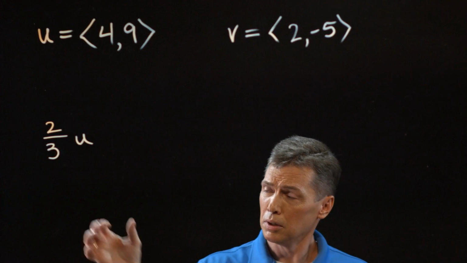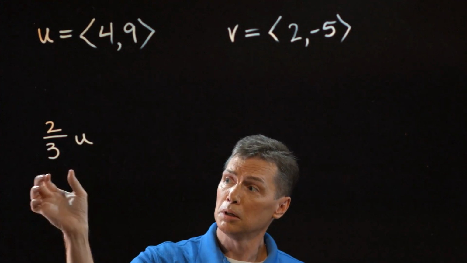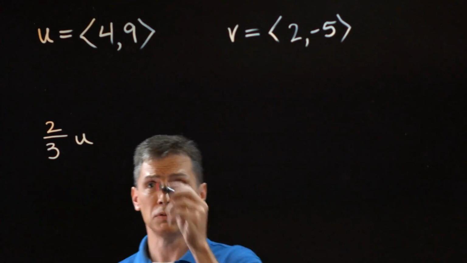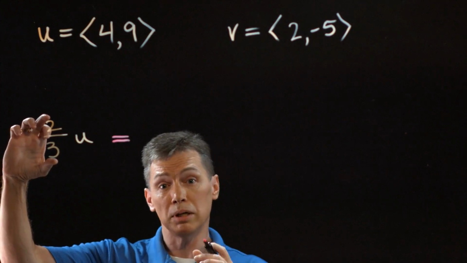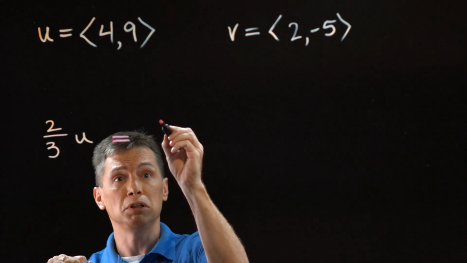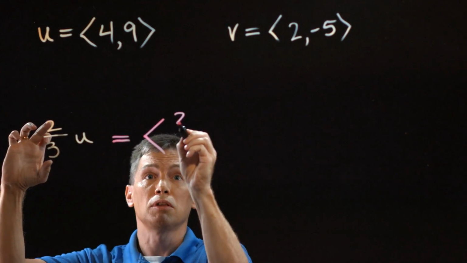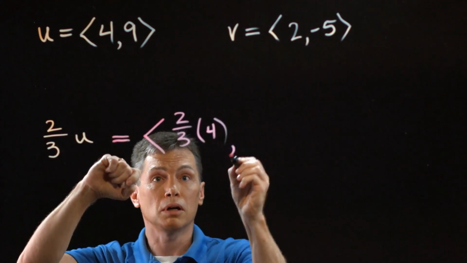So for instance, the first thing they want us to do is to multiply the vector u up here by 2/3. What I mean by make sure you're doing it component-wise is that you just take that 2/3 and multiply it by each component. So this is going to equal, I come up here to my u, I take 2/3 multiplied by the 4, comma.